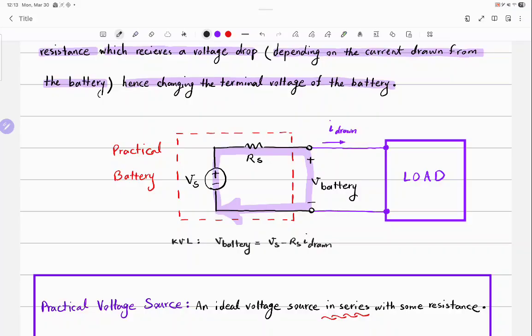Which one is in series? What's wrong with it? It's not connected. Do you see that part? When I jumped from the positive terminal of the battery to the negative terminal, the circuit is not even connected. Nothing is there. So does that make my KVL invalid?